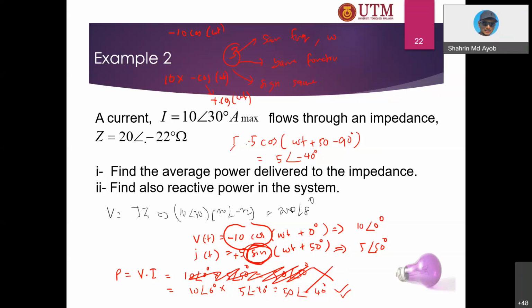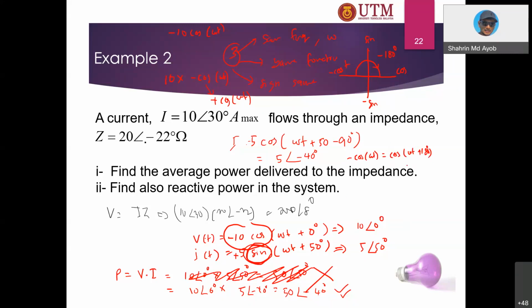Because negative cos is not the same as positive cos. How to convert this one is by using this plane: sine, negative sine, cos, negative cos. So to convert negative cos to cos, you use negative 180 degrees. Meaning that negative cos omega t, when you write it as a positive cos, becomes cos omega t minus 180 degrees.